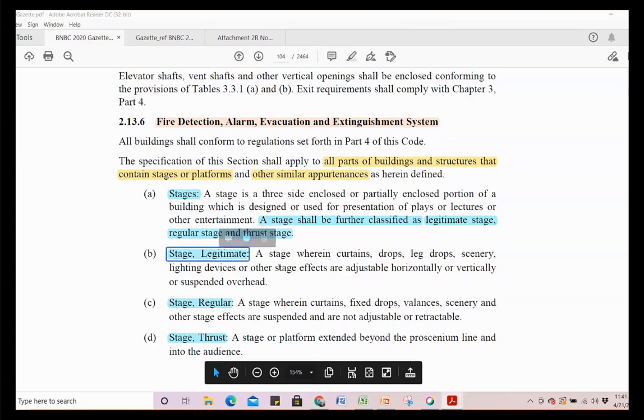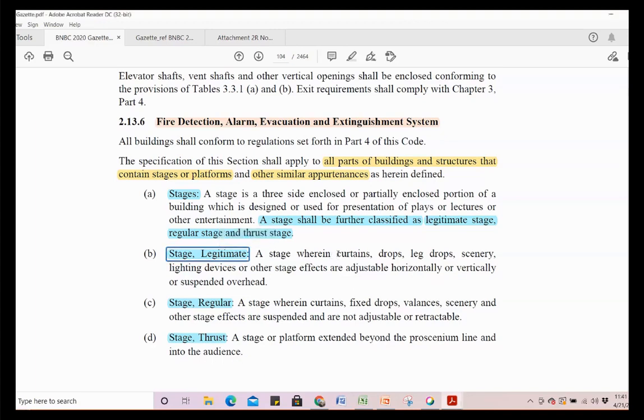Stage legitimate is a stage where curtains, drops, leg drops, scenery, lighting devices and other stage effects are adjustable horizontally or vertically or suspended overhead. So this is a particular type of stage. It is called legitimate stage. So it has curtains, drops, leg drops, scenery, lighting devices or other stage effects tools that can be adjustable horizontally or vertically or suspended overhead.